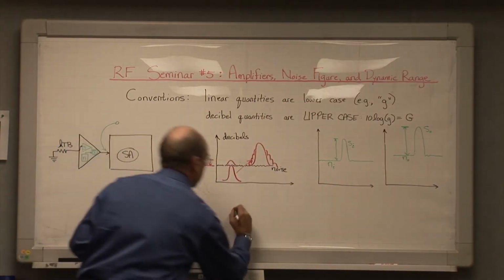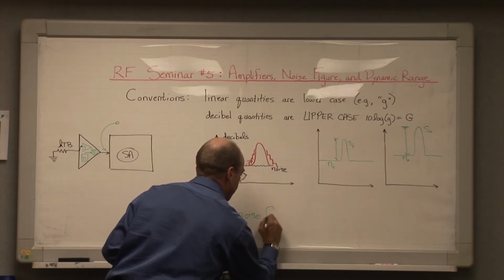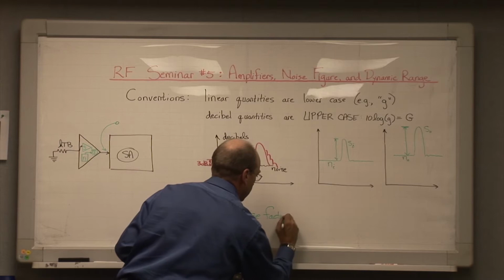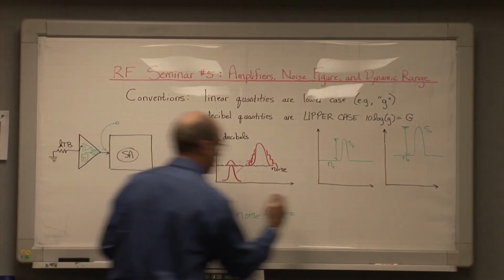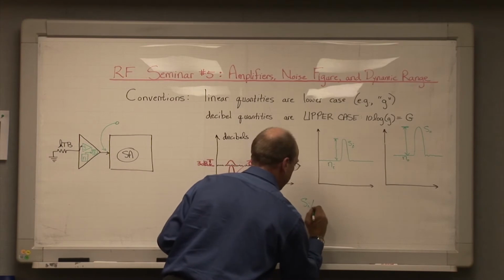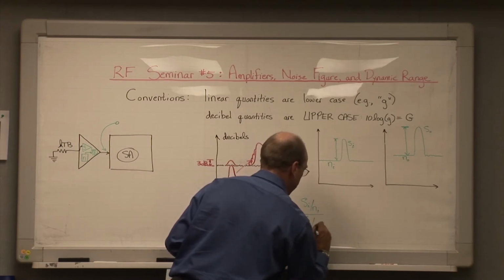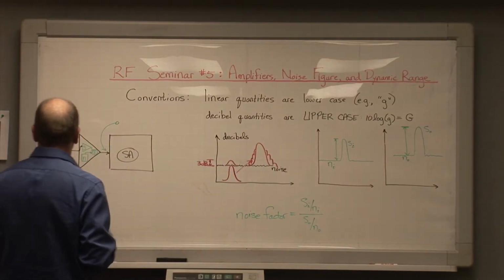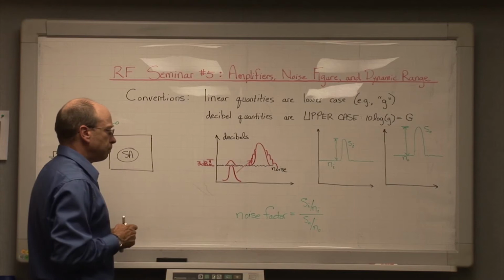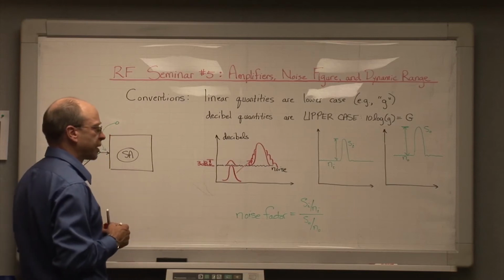So we're going to have a quantity here that we define as noise factor. And the noise factor is equal to signal at input divided by noise at input, divided by signal at output over noise at output. And this forms the jumping off point for the rest of the discussion.